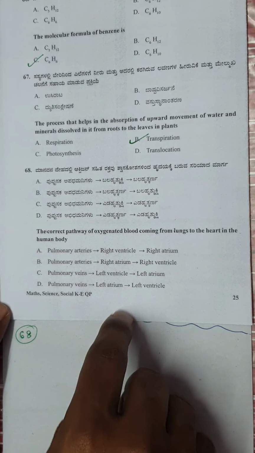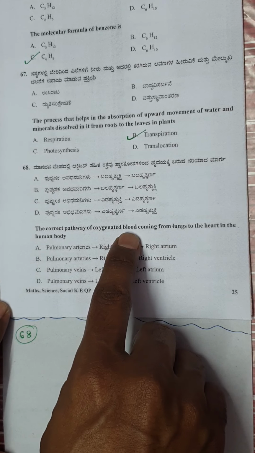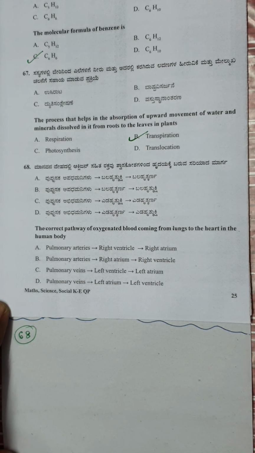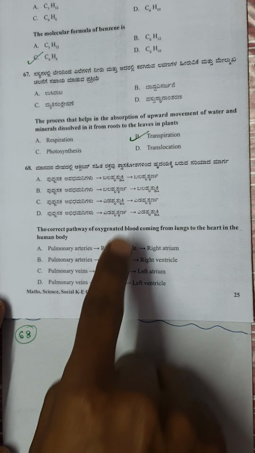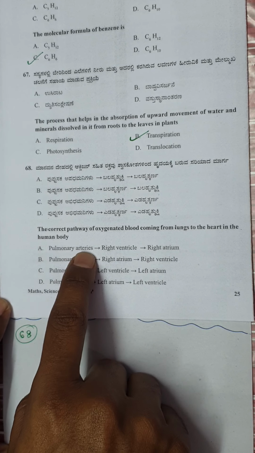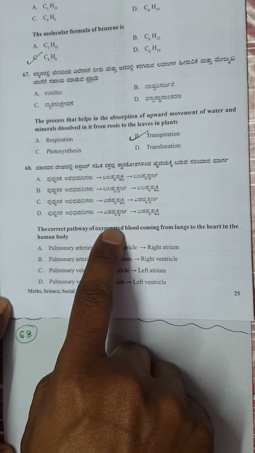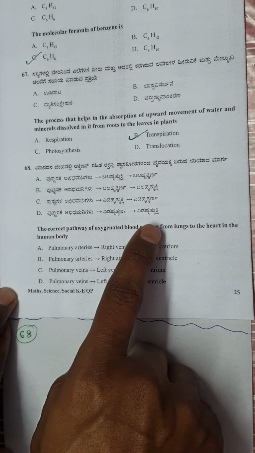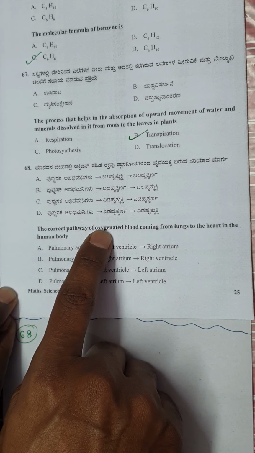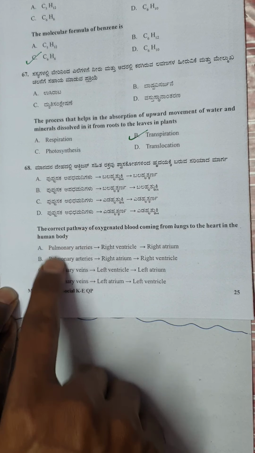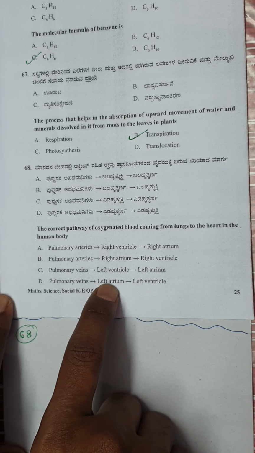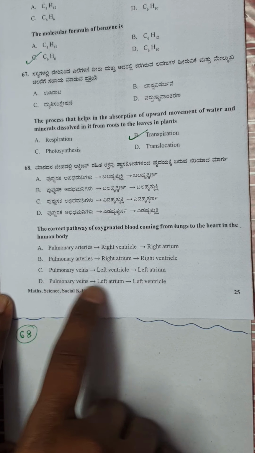Definitely, out of the four given options, oxygenated blood will never enter pulmonary arteries. Okay, the oxygenated blood will never directly enter into the pulmonary arteries. Actually, it starts from the pulmonary veins. From the lungs, the oxygenated blood is first taken into the left atrium. Please note it down: left atrium through pulmonary veins.